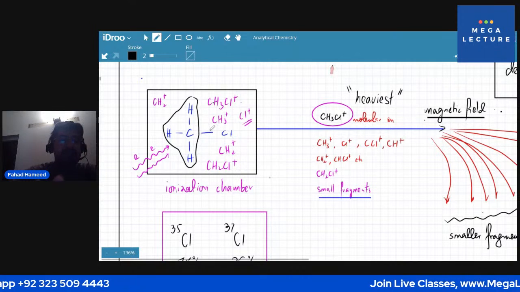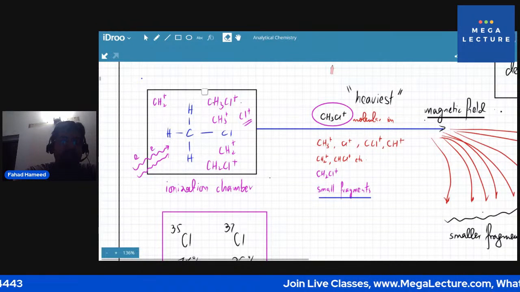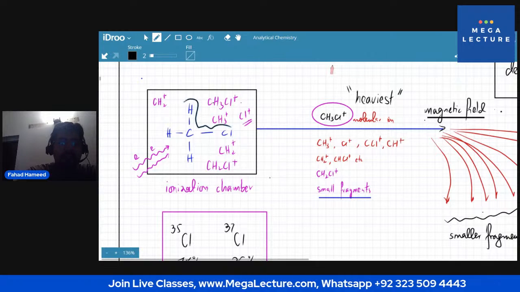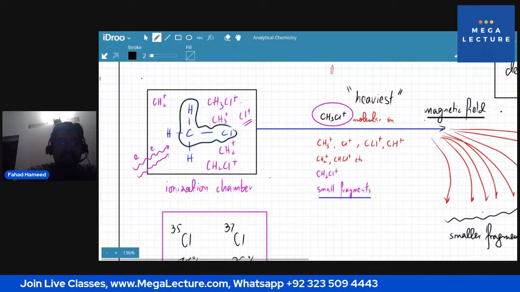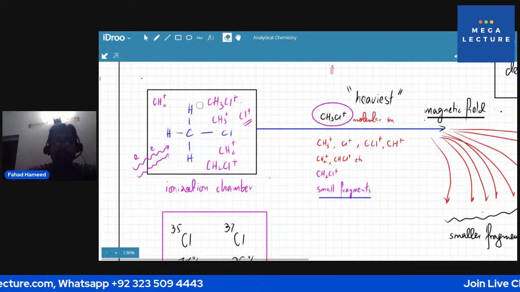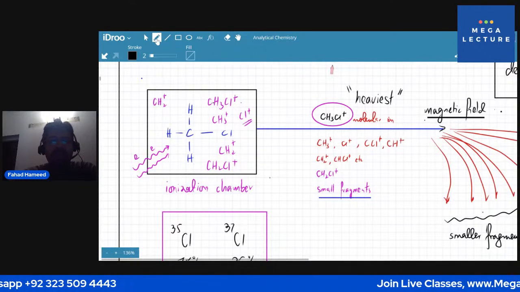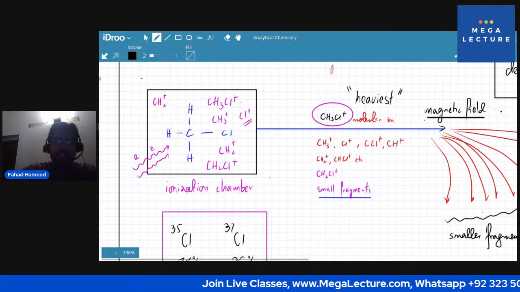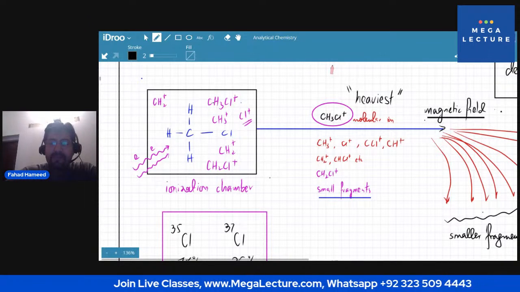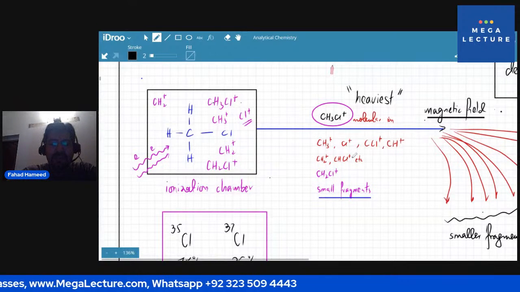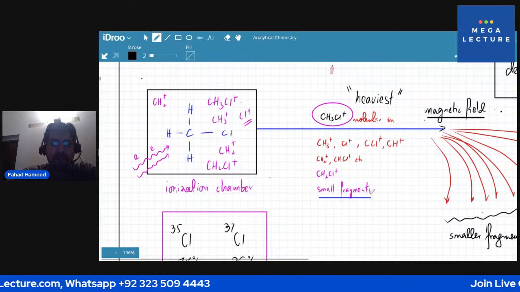These are bits and pieces of the bigger molecule. You could have a CHCl piece breaking off. The fragments are always a piece of the original molecule. So all sorts of tiny pieces. Whenever you smash things, they break down into pieces, and this is exactly what happens here as well. Tiny ions are produced, but these are small fragments.